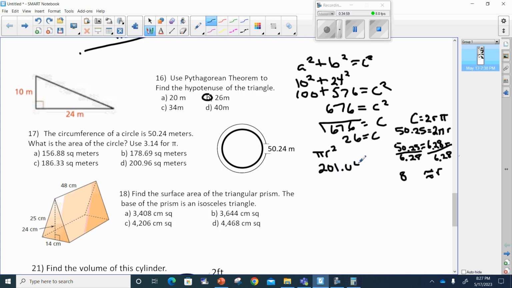Let's see if there's any number like that. 200, look right over here. I think they rounded up and put it to 8, and I'm just going to check if that's so. I think that's probably what happened there. It probably said this is really close to 8. And 8 squared is 64. Now I'm going to take 64 and multiply it by 3.14 and see if we come closer to that number.